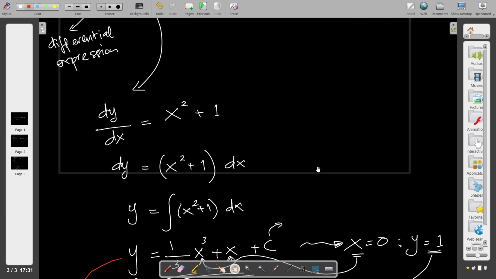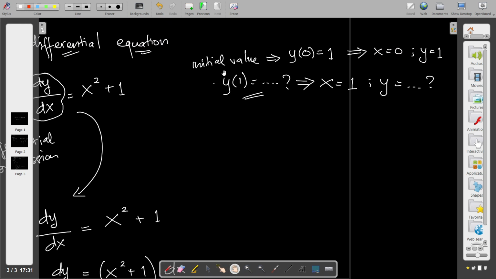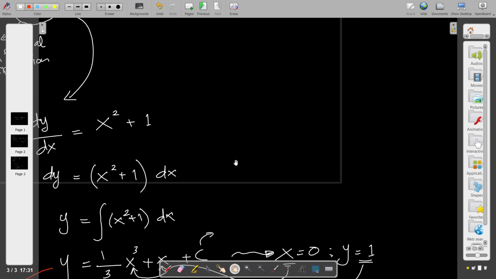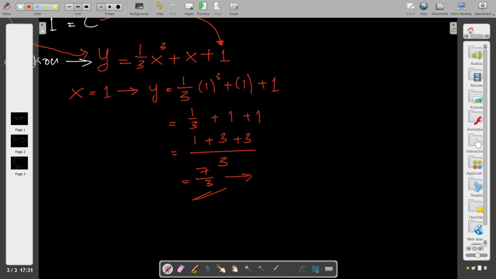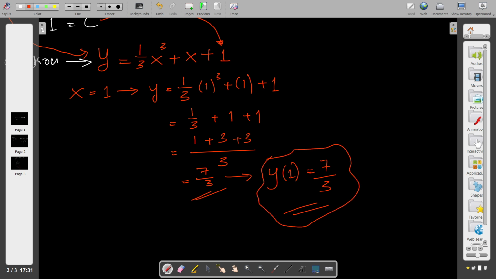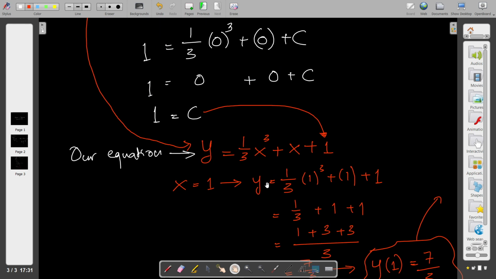This is y1, so y1 equals this. I will write it down again: y1 equals 7/3.